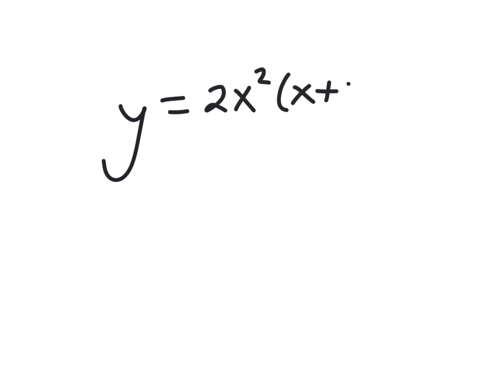Next kind. I think a lot of you are going to mess this one up. 2x squared, parentheses, x plus 1. Graph that one. And if you're like, but I don't know what to do with this, you can think of that as if it was just an x out there. Do you get that you could think of that as an x plus 0?